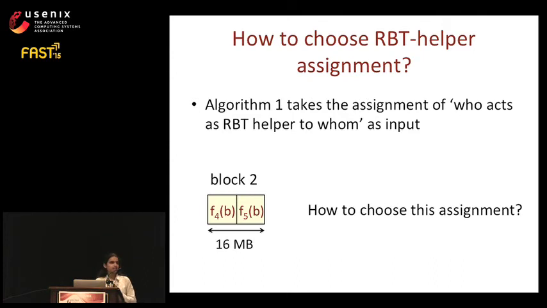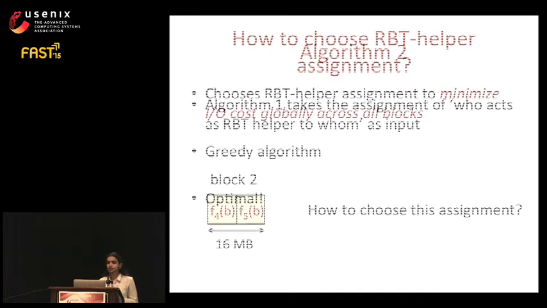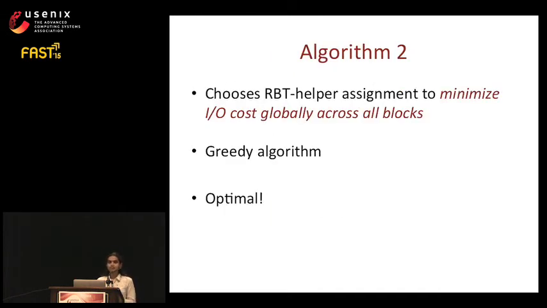So how do we choose this assignment of which blocks help which other blocks through reconstruct by transfer? Algorithm 2 deals with this question, and it chooses this RBT helper assignment in order to minimize the IO cost globally across all the blocks.